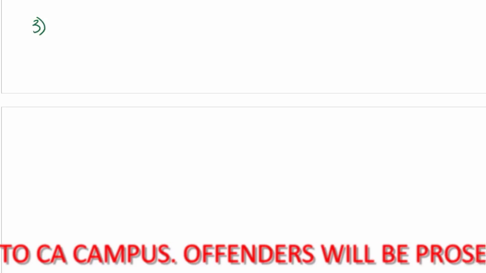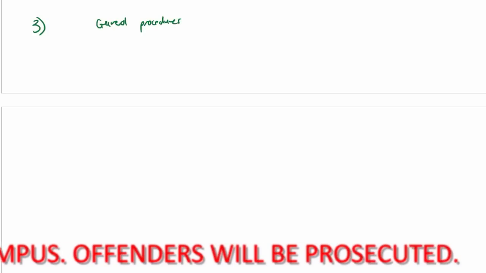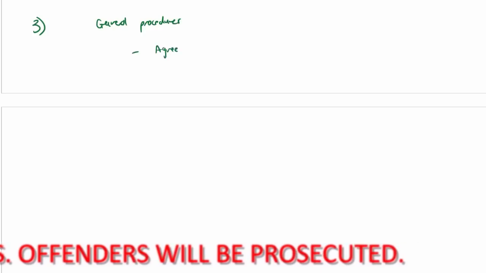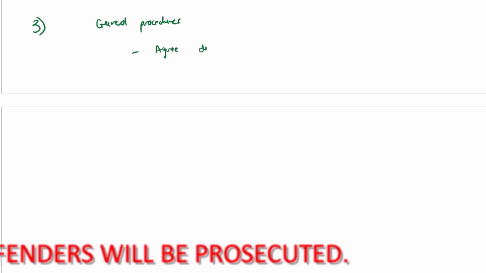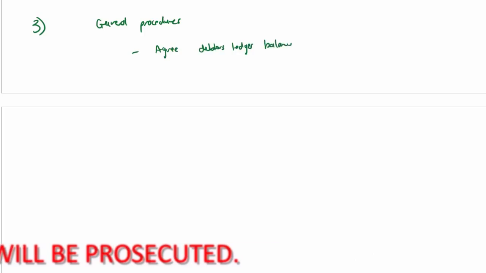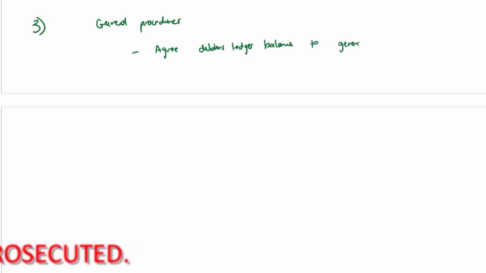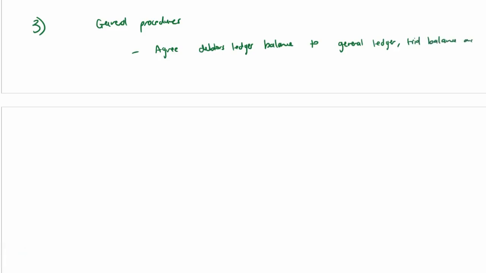Question 3, general procedures. I'm going to say, agree the debtor's ledger balance to the general ledger trial balance and annual financial statements debtors balance at year end.